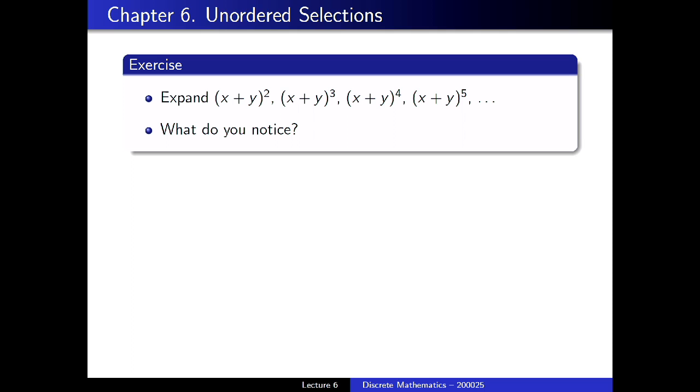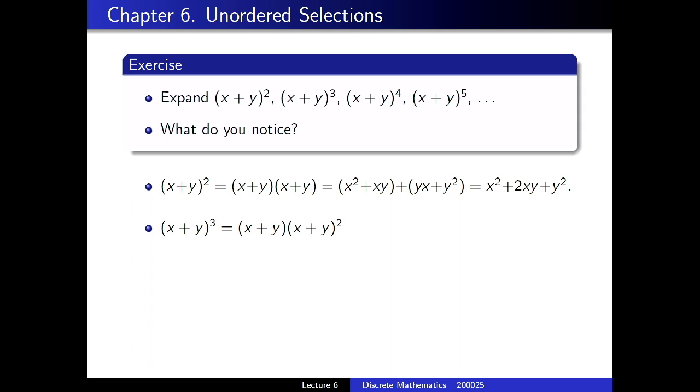You know how to expand the first one of these, (x plus y) squared. You did that at school, right? And most of you might go straight to the answer. You can expand it out in several steps or go straight to the answer. And then when you do the next one, it's probably good to do that in steps.